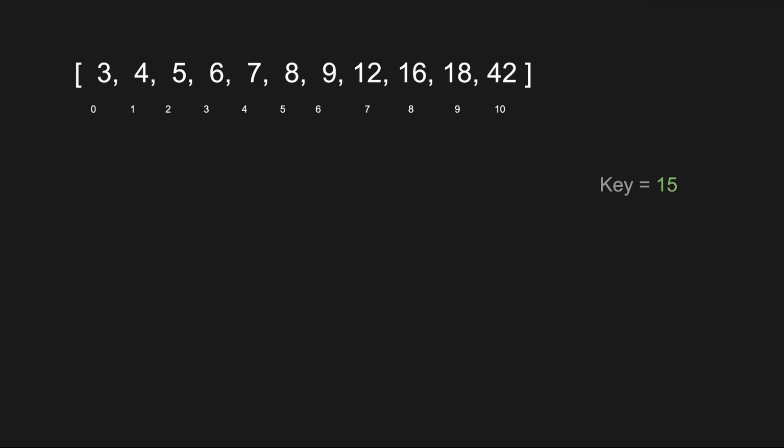What if the element doesn't exist? If we are searching for the element 15, for example, the algorithm starts with the initial indices, with middle index 5, and it continues with the right half of the list. The key element is still not found and is less than the element in the middle, so it eliminates the search space to the right side of the middle, meaning it decreases the right index to less than the middle index by 1.